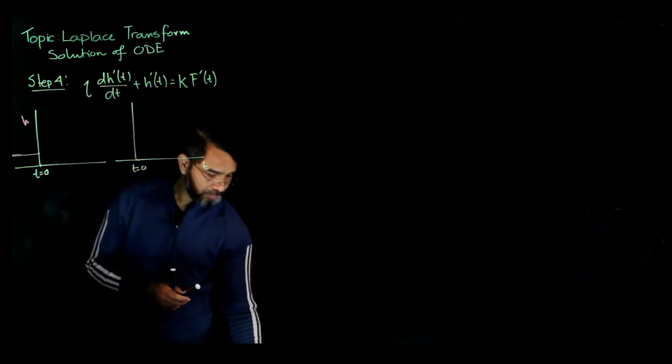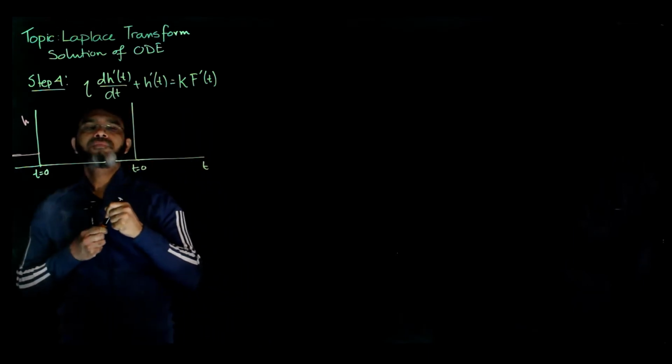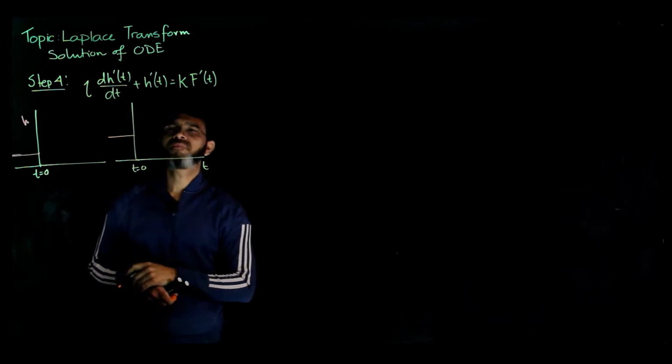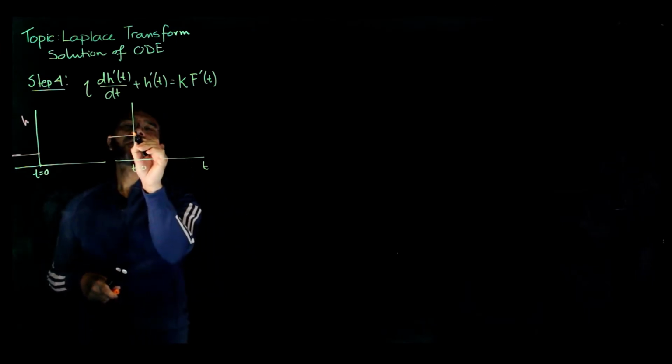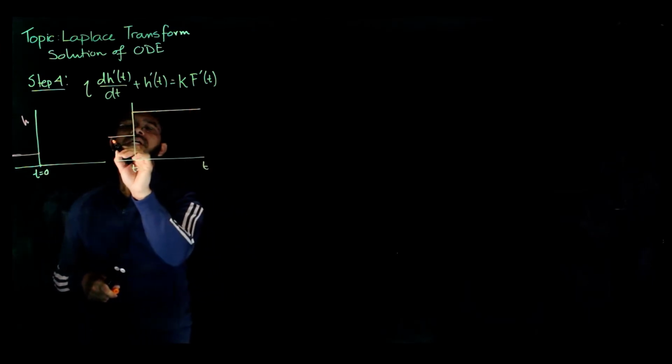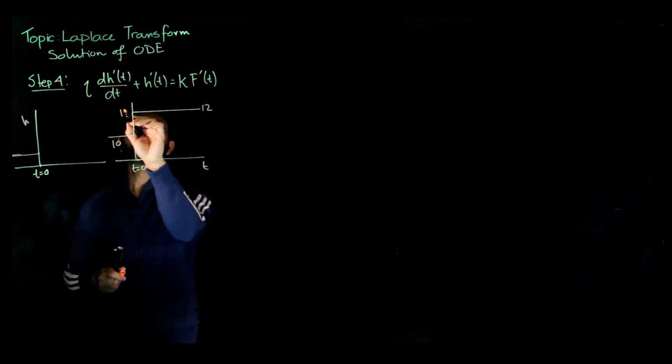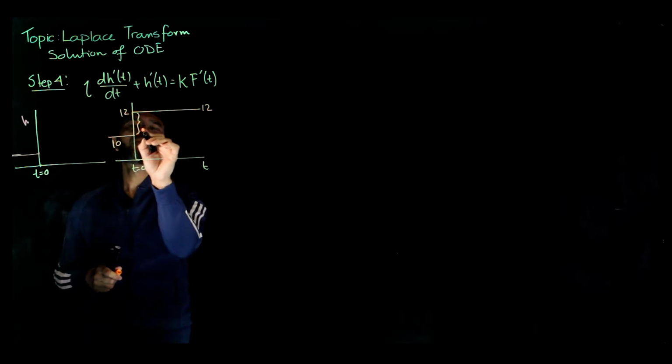We'll consider some scenario. If the flow is changed, say from 10 to 12 or something like that, so there is a change of 2 here.